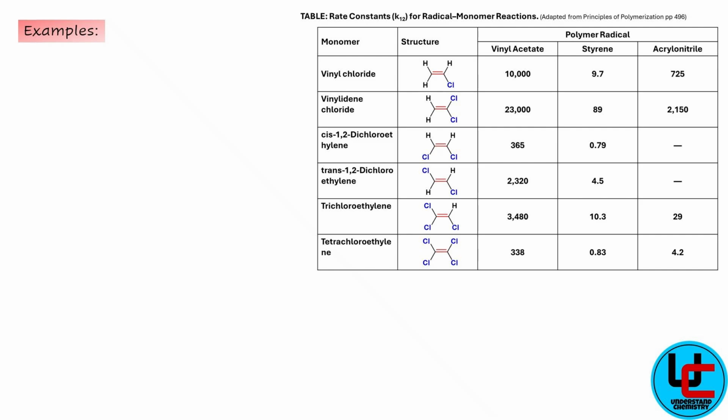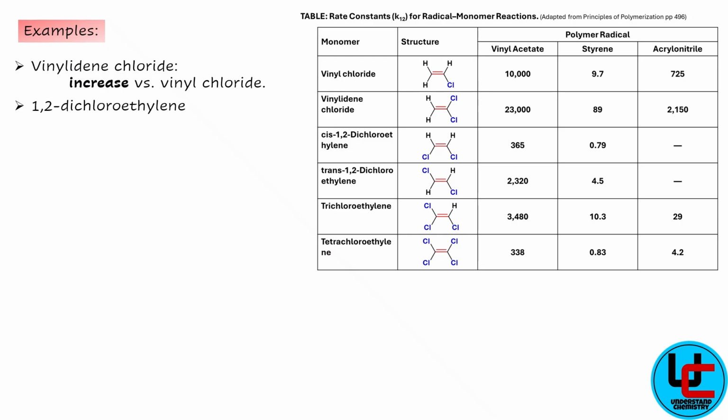Let's start with vinyl chloride, which has one chlorine at the alpha position. It serves as a reference point. Now, compare it to vinylidene chloride, which has two alpha substituents. Its reactivity is more than twice as high, showing the additive effect of alpha position.